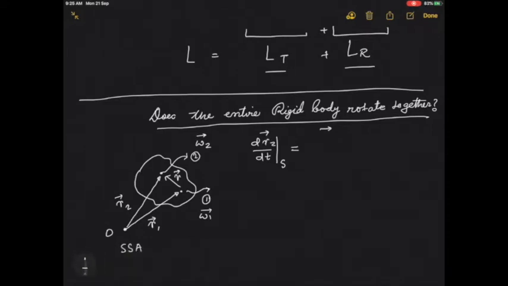I should have used the small r's because that's how I have defined them. So this is dr1 plus small r. Now I have a vector of a vector. Okay, anyway.